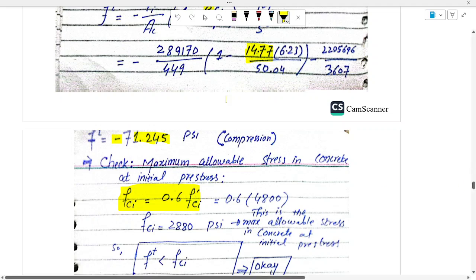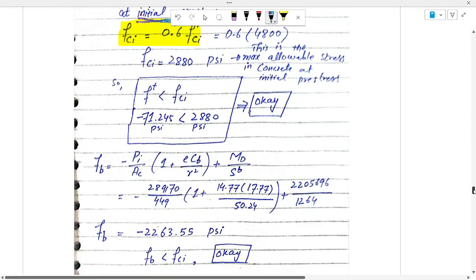Here it is mentioned: maximum allowable stresses in the concrete at initial pre-stress. So when we apply the check, it is in limits, so it's okay. Let's move further.